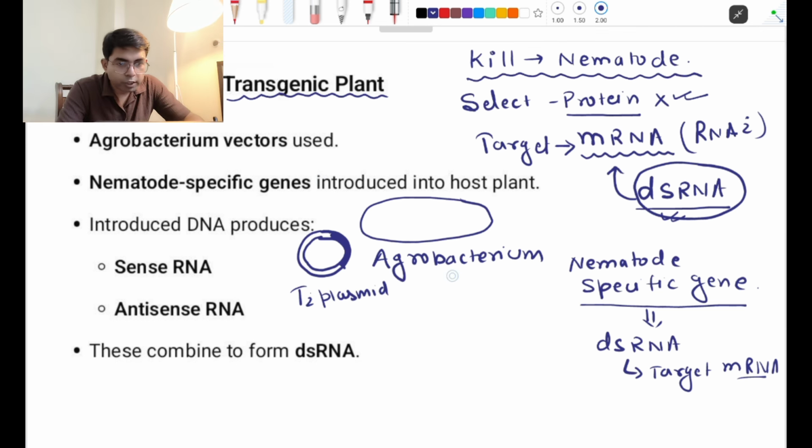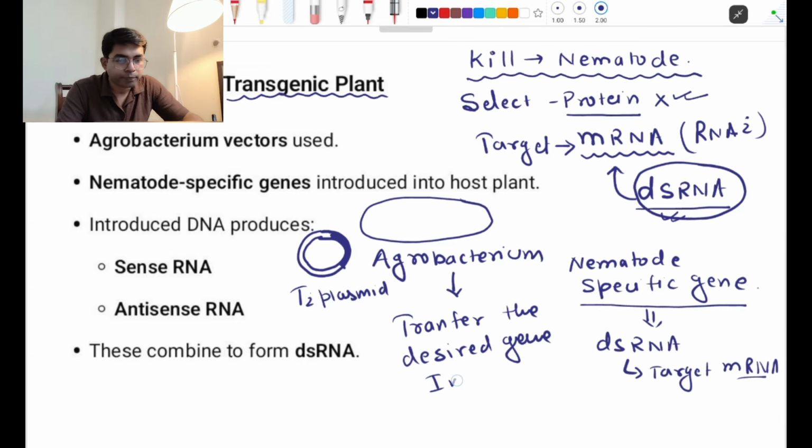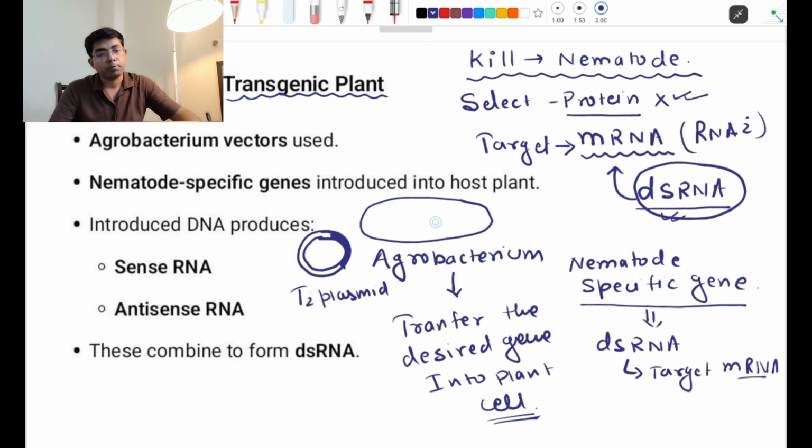You know already by now that agrobacterium transfers the desired gene into the plant cell. So my nematode specific gene has now entered into the plant cell.